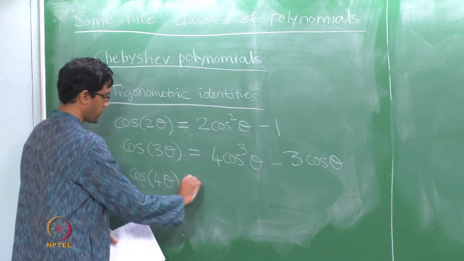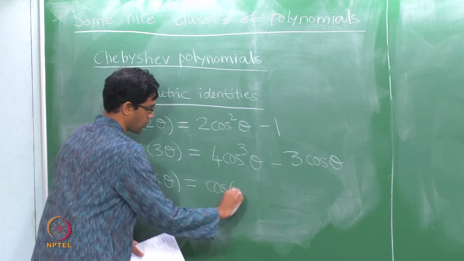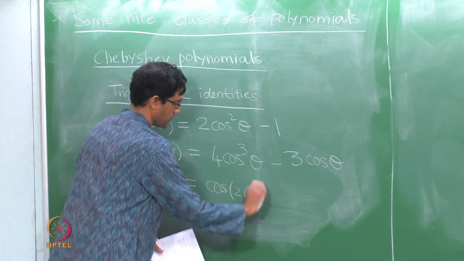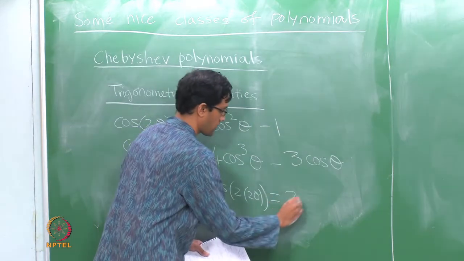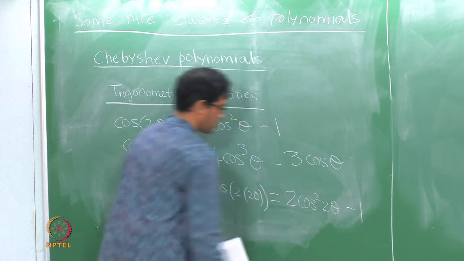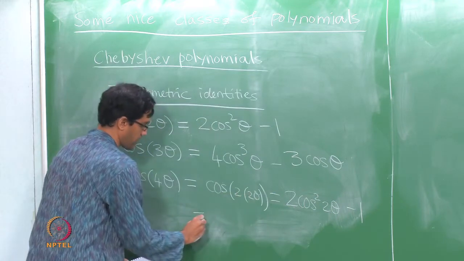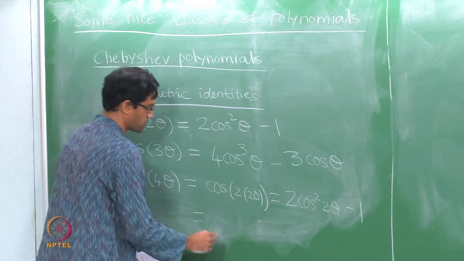Similarly, cos of 4 theta can be computed from cos 2 theta by thinking of it as cos of 2 times 2 theta. So that is going to be 2 cos squared 2 theta minus 1, but I am also going to further write this out. Cos 2 theta is again some expression in terms of cos theta.